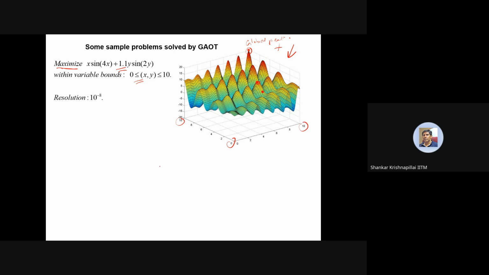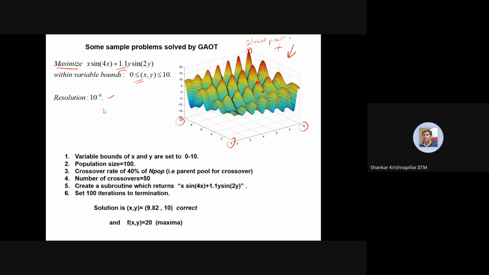That is 0 to 10. Both X and Y are from 0 to 10. Then the floating point accuracy is 10 raised to minus 8. So in the genetic algorithm code, you have to set the variable bounds of x and y as 0 and 10. Population size is taken as 100 because this is a complicated objective function.